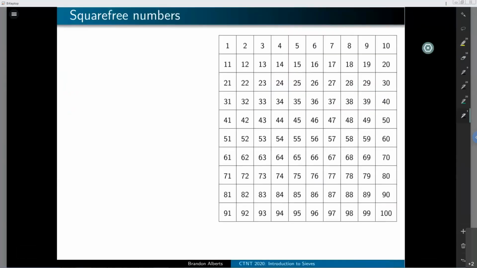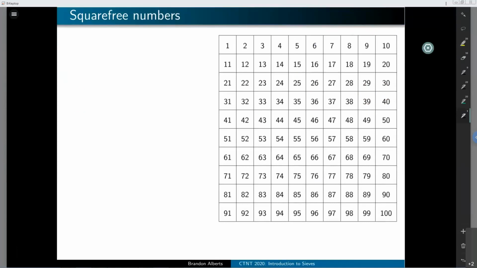So what we're going to do is use the ideas of this Mobius function to talk about a sieve of square-free numbers. I've put up this big box of all numbers between 1 and 100, and we're going to sieve out in order to find the square-free numbers. But we're going to do a little bit more than we did for the sieve of Eratosthenes yesterday.